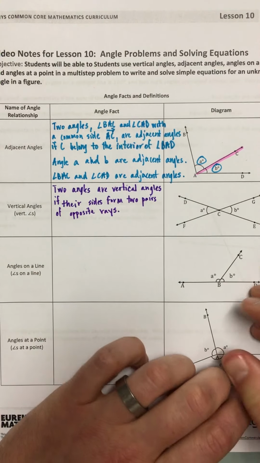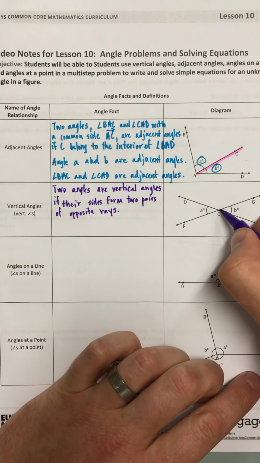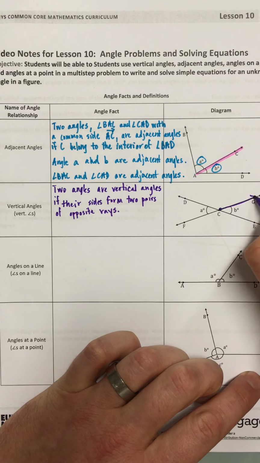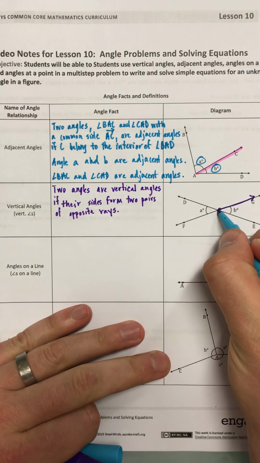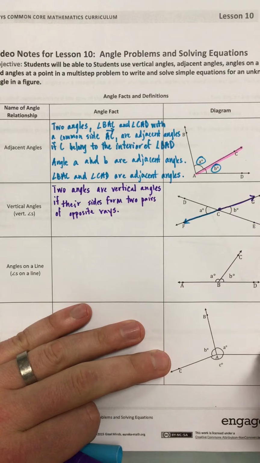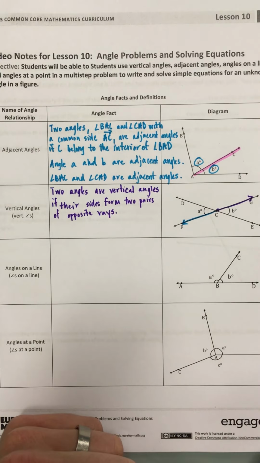And so basically what you're noticing is that from C to G and from C to F, those would be considered opposite rays.